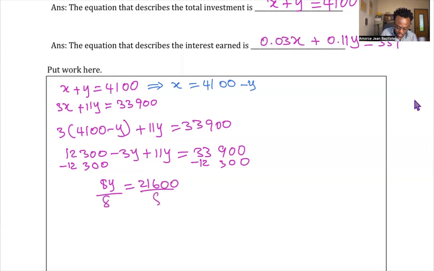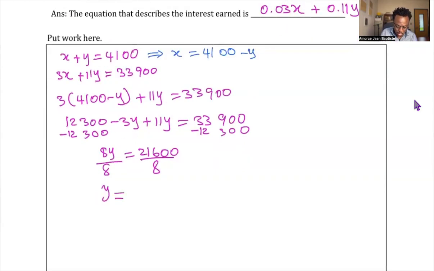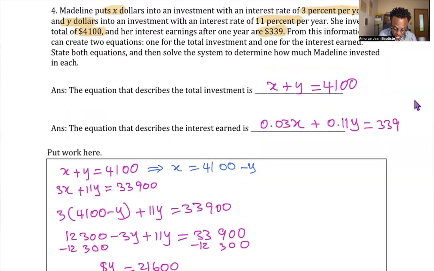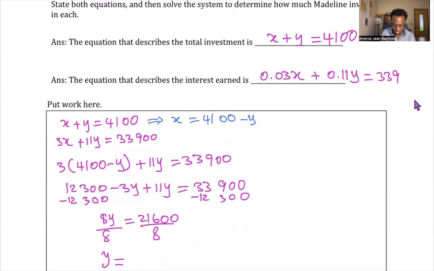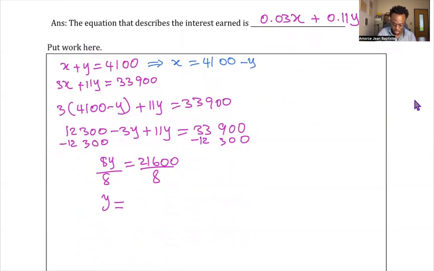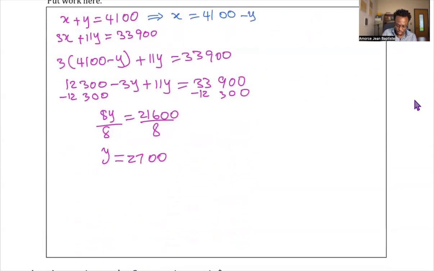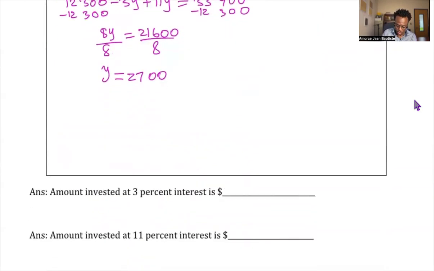Divide by 8, we get Y, which was the amount invested in the 11% account. That is 21,600 divided by 8. So that's $2,700.